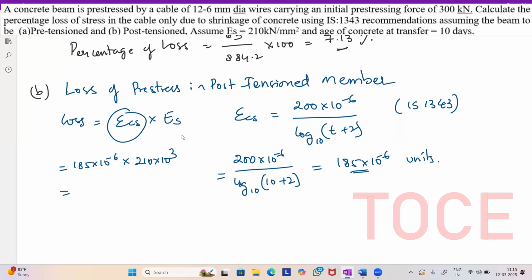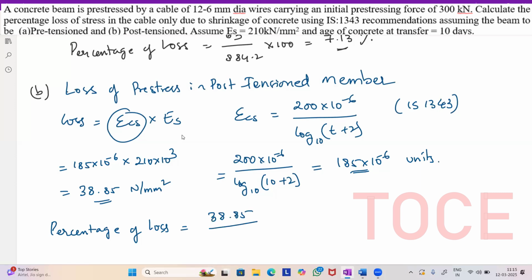We get the loss around 38.85 Newton per mm square. Now let us find the percentage of loss. Percentage of loss is equal to 38.85 divided by the initial pre-stress 884.2, into 100, which is 4.4%.